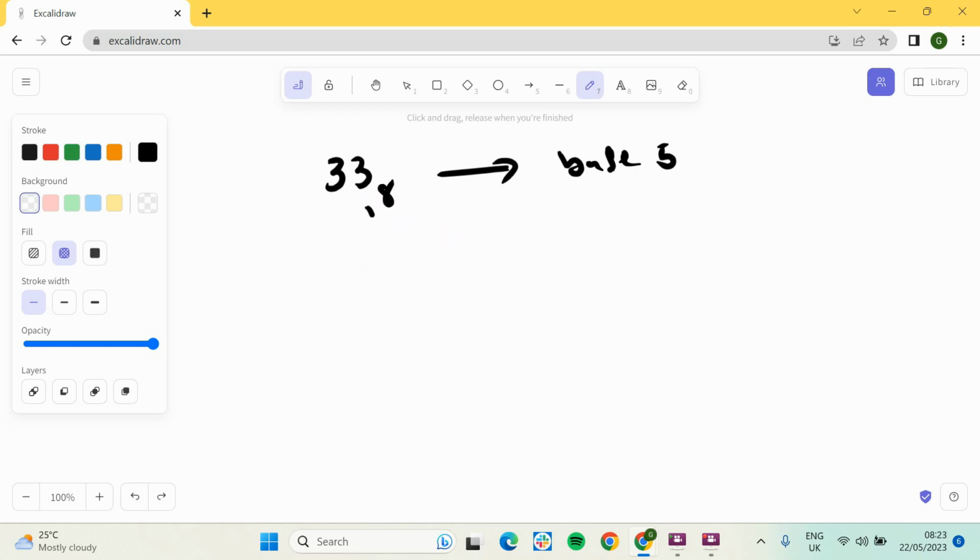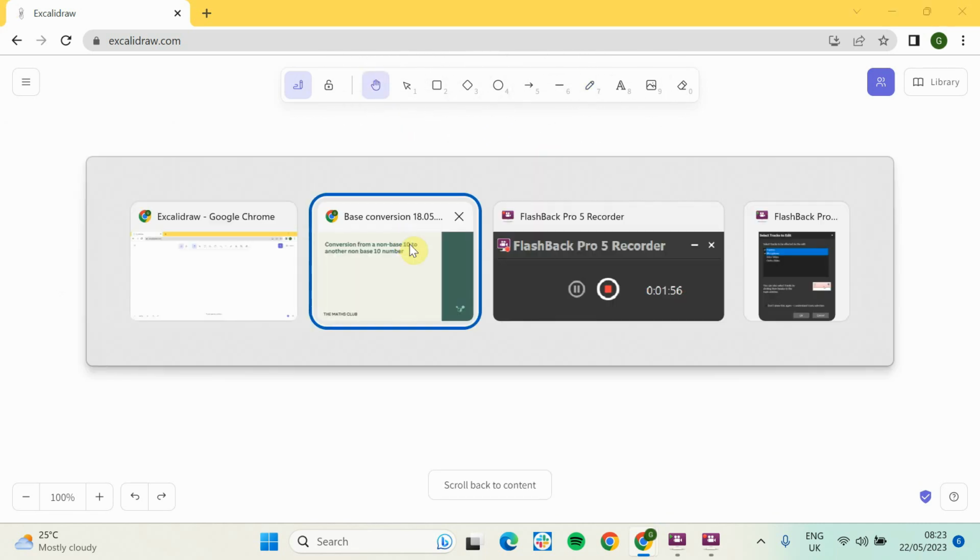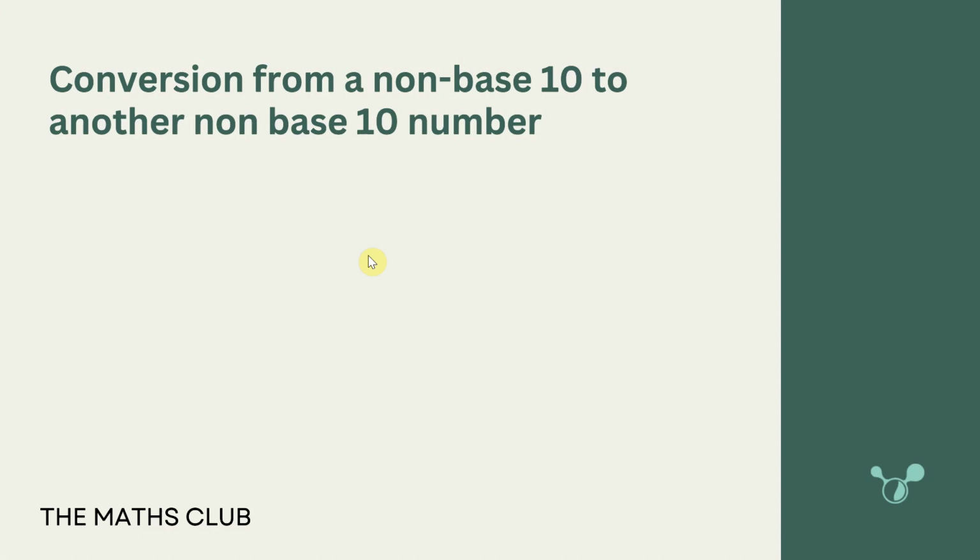We convert from this base 8 to base 10, and after we convert to base 10, we now convert this base 10 to base 5. So you can see that this is building on the past knowledge we have already learned in the previous videos. We convert to base 10, and then from base 10 we convert to the other base. That's because base 10 is the fundamental base. So let's solve one or two examples to bring it home.